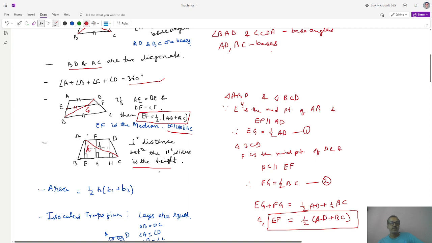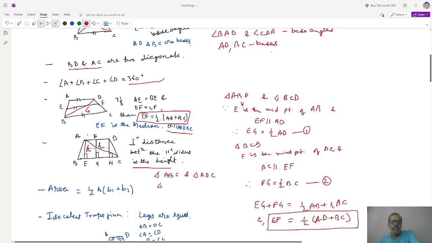One is triangle ABC and another is triangle ADC. Now we know that the area of a triangle is equal to half into base into height.